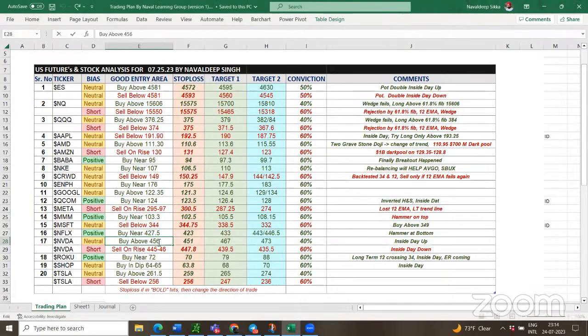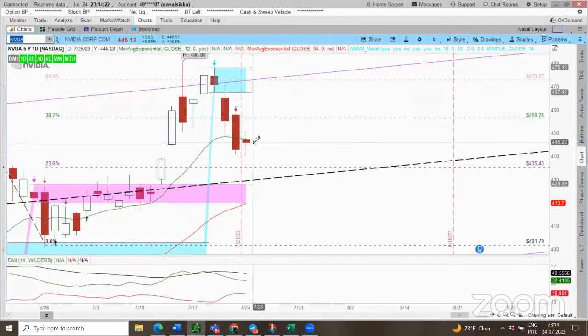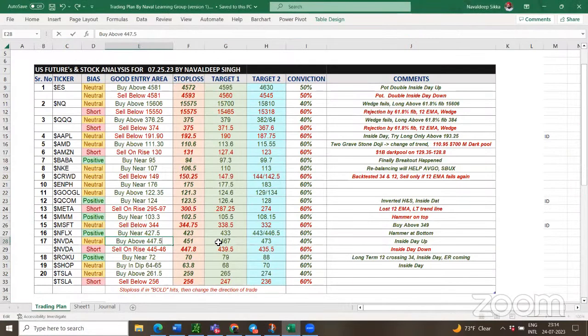So I want to buy above 447.50, which is the 12 EMA. And my target is 456, 467, and I'm giving it 60% chance.